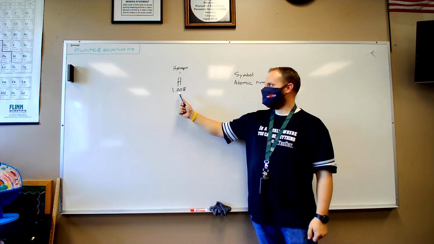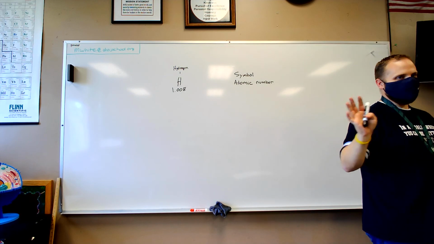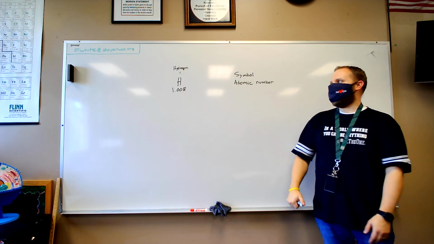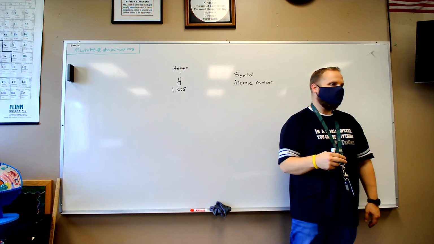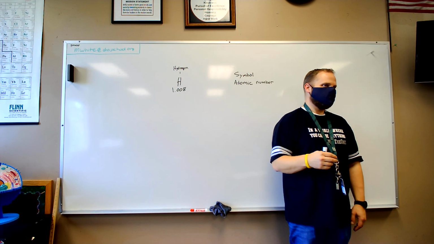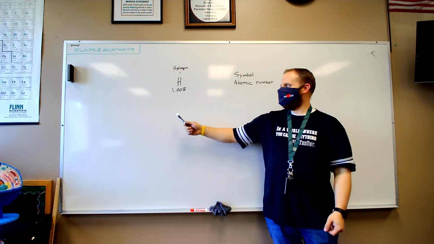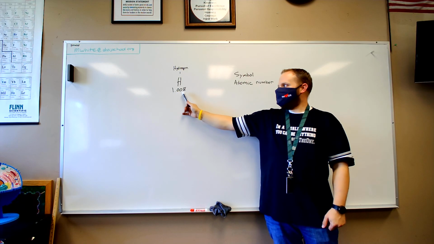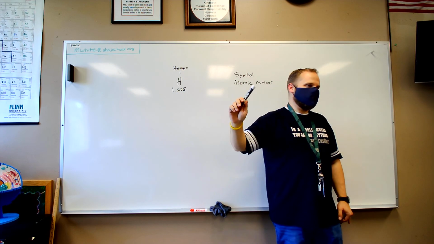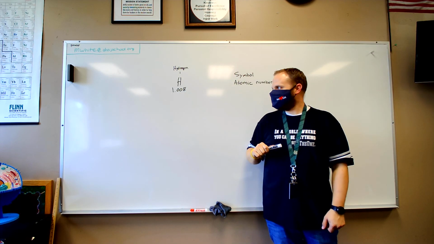So hydrogen is normally just 1 proton, 1 electron, and then it's done. But you can throw in a neutron or 2 neutrons, and that does happen naturally. And so that's why the atomic weight is not exactly 1, but they're very rare. Most hydrogen is just the 1 proton.